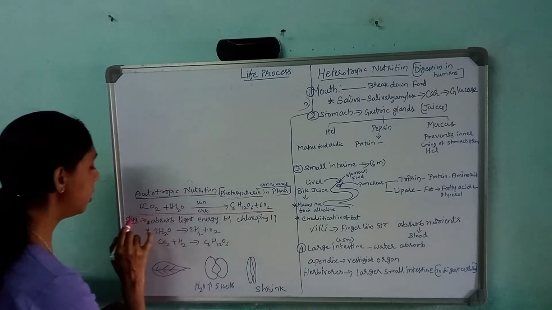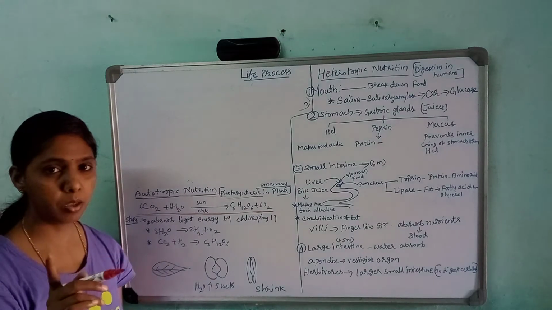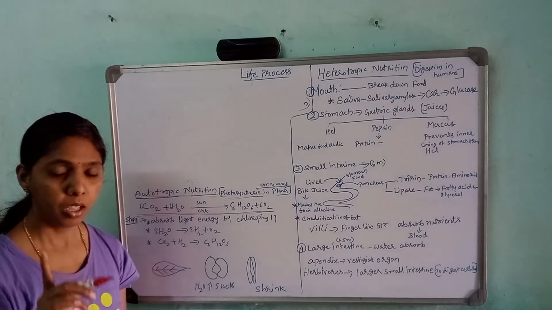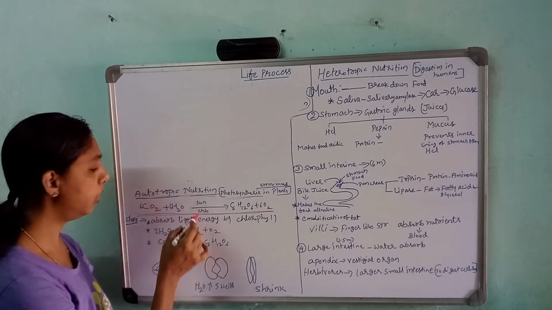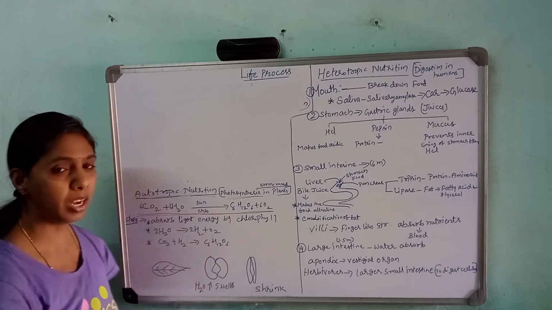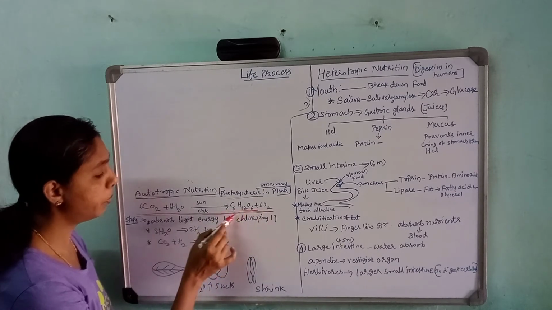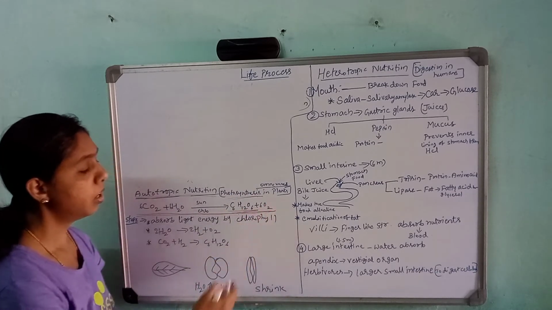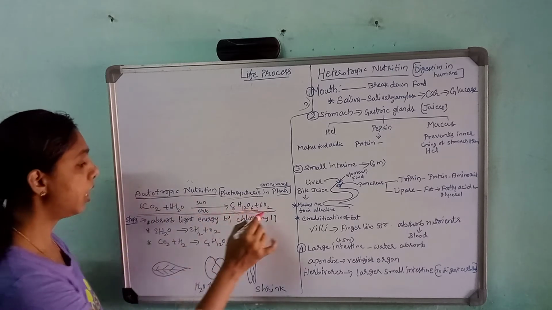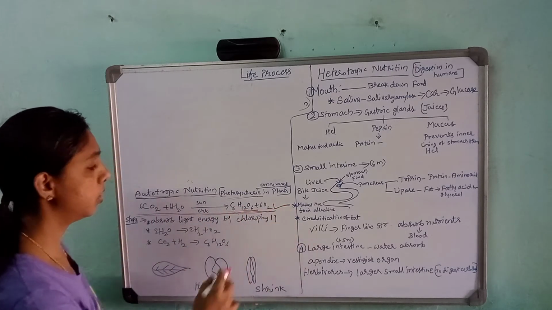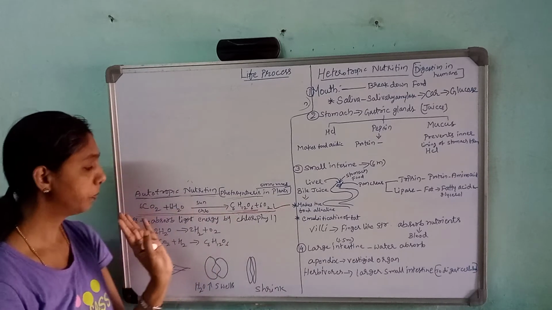Photosynthesis is the process in which a plant prepares its food with the help of carbon dioxide and water in the presence of sunlight as well as chlorophyll. Glucose is prepared, along with oxygen as a byproduct.